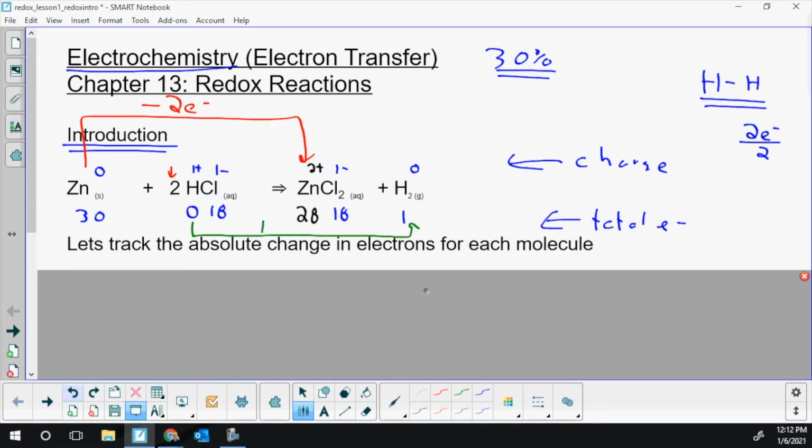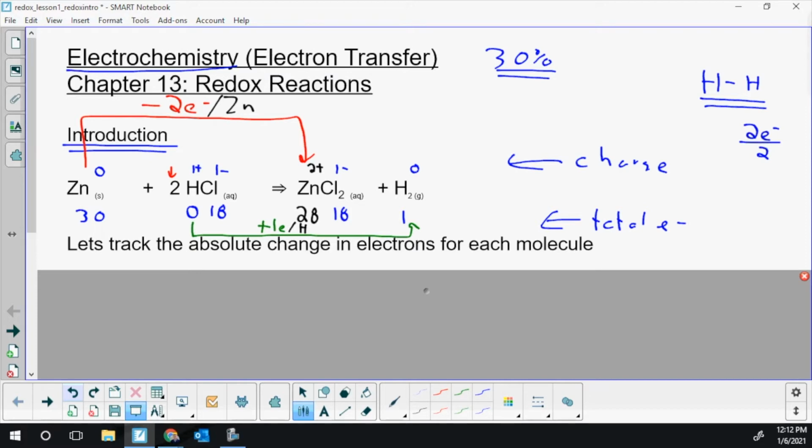So there's a gain, so I'm going to write plus 1 electron with the hydrogen. Okay. Now, just to be super clear, I'm going to put in or highlight minus 2 electrons for every zinc. So I'm just going per zinc. With the green, it's plus 1 electron per every H.